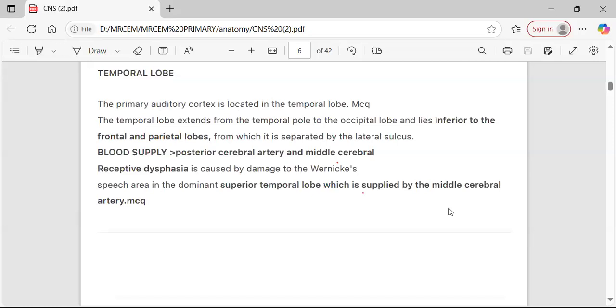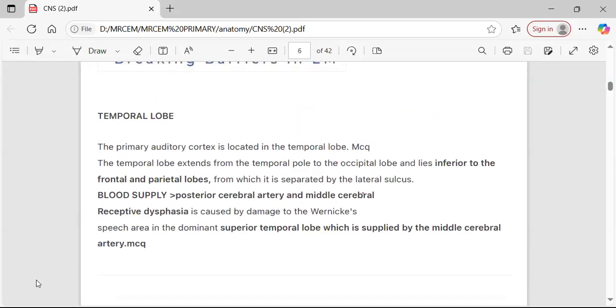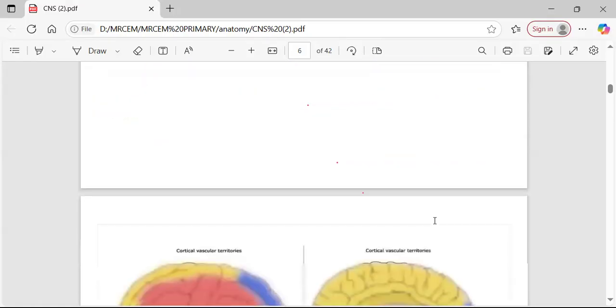Next is the temporal lobe. Always remember about the temporal lobe, that you can see on the lateral view of the brain. You can see where it lies, which structures are around.